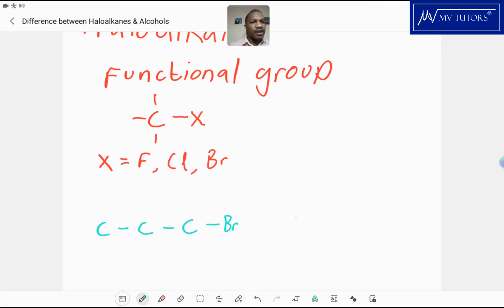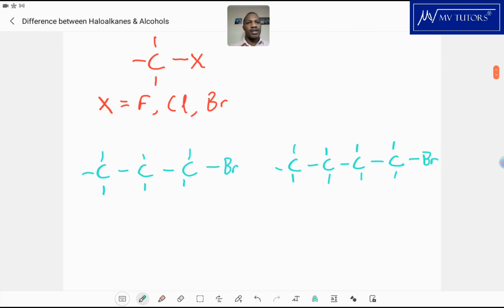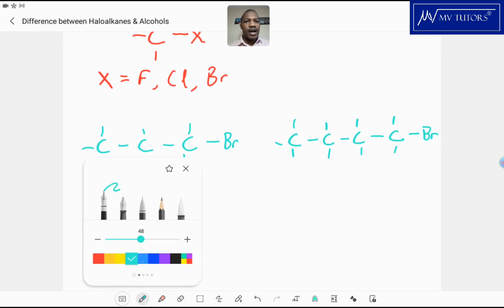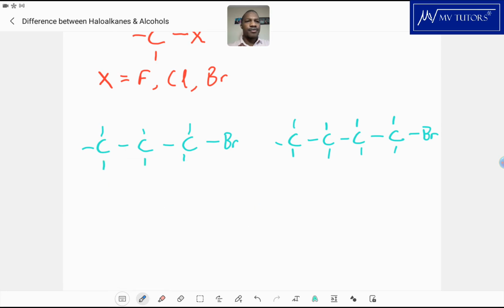Or let's say we have 1, 2, 3, 4, and then we'll put the bromide there. Okay, just to show you the difference. Okay, so each carbon atom must have 4 bonds like that. Okay, so each one of these is going to be an H.